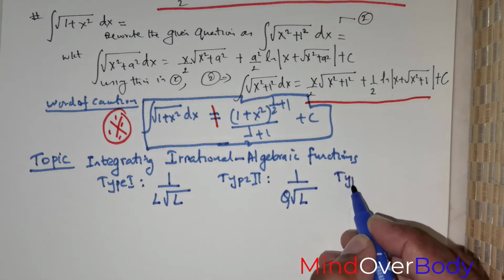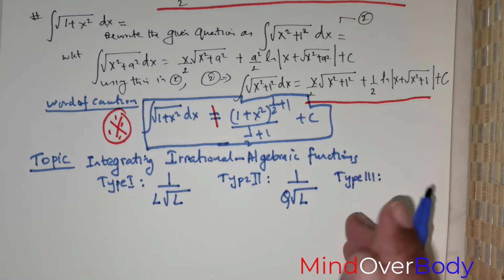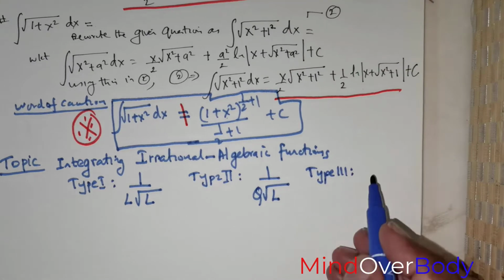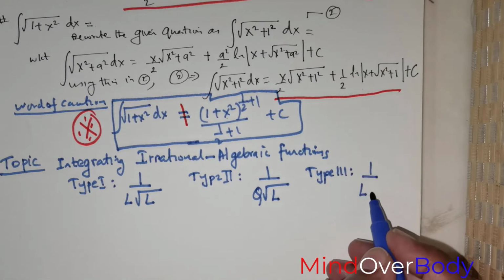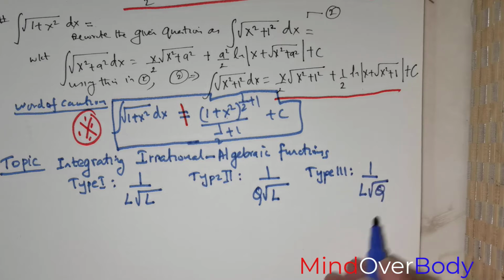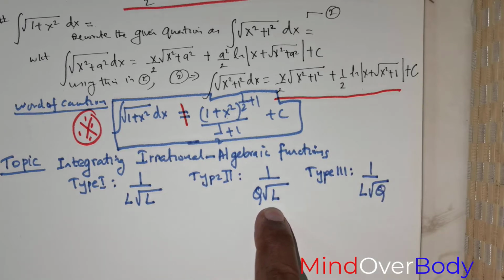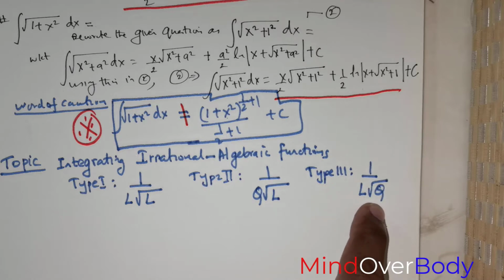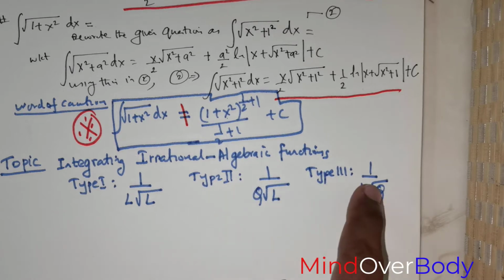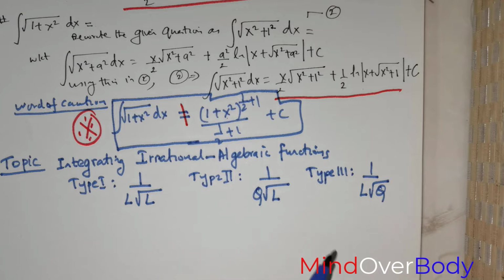Now in type 3, you have a linear function with a root of a quadratic function. So type 2 is a quadratic with a root of a linear function, and type 3 is linear with a root of a quadratic function. So type 2 and type 3 are repetitive with a twist. Now finally you have type 4.